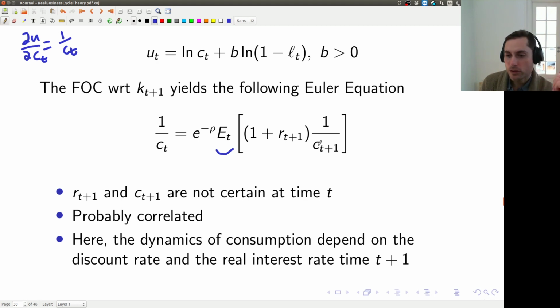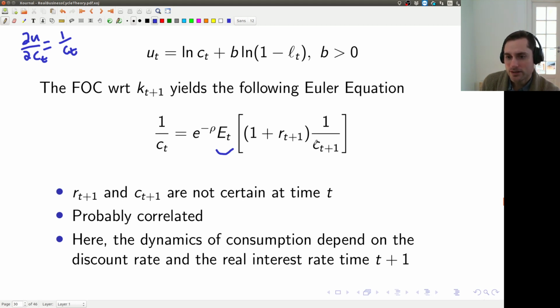So it's just going to make us richer. It's going to make us probably consume more at time t+1. So what that does, it's going to raise this thing, and since firms are more productive, they're probably going to want to rent capital more, which is going to cause R_{t+1} to go up as well. So when R_{t+1} is high, C_{t+1} is high as well.